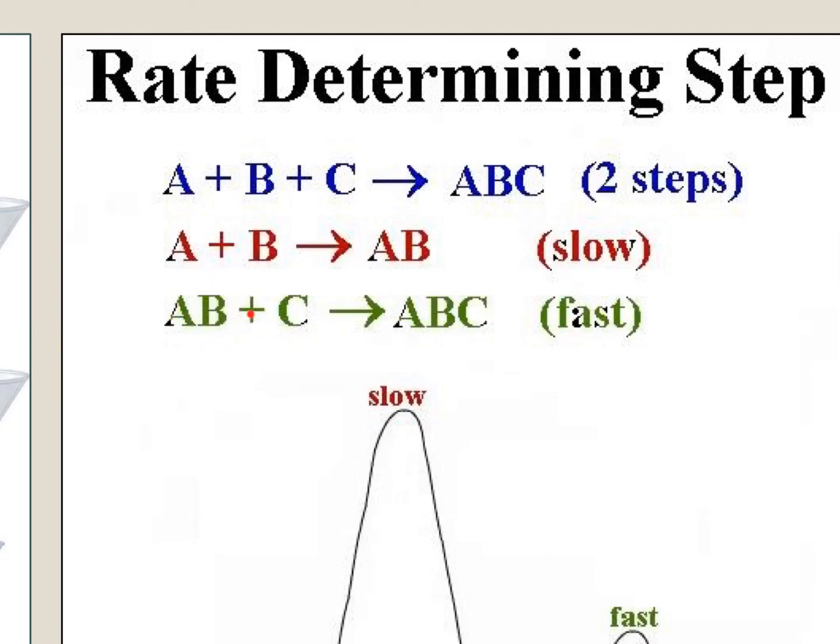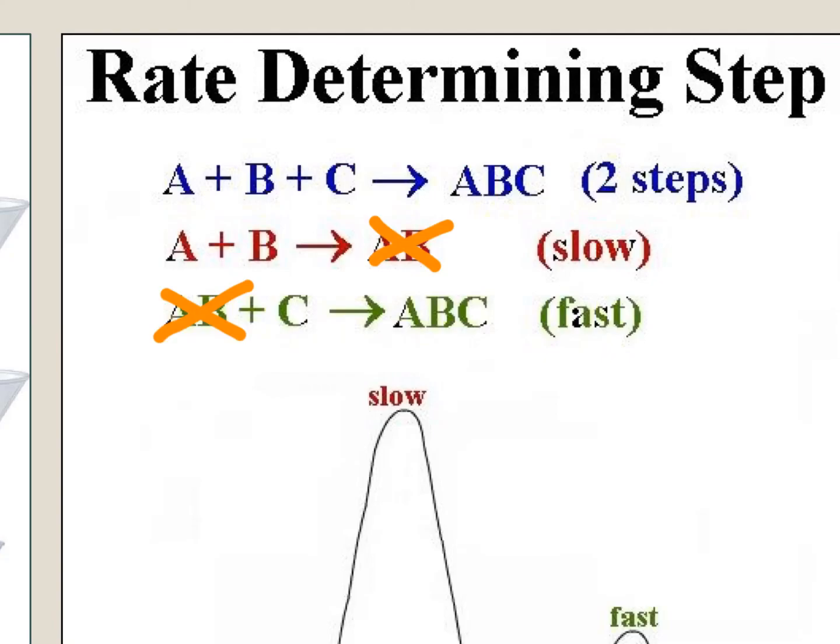Then this free-floating AB will hit a C, and that makes ABC. We're going to call this species right here, this AB, an intermediate because it cancels on both sides. It was produced here and immediately used up here. It's not a reactant, it's not a product. It's just an intermediate.